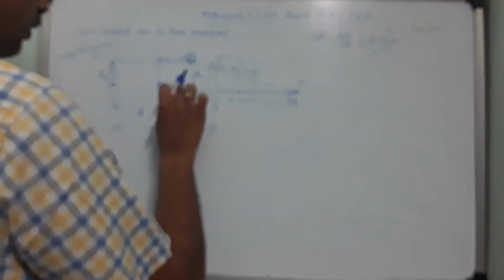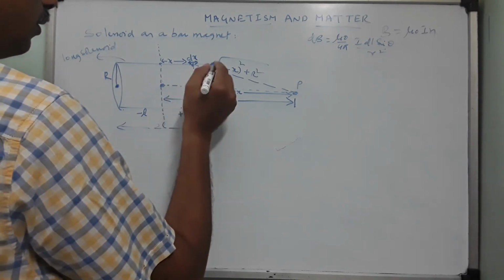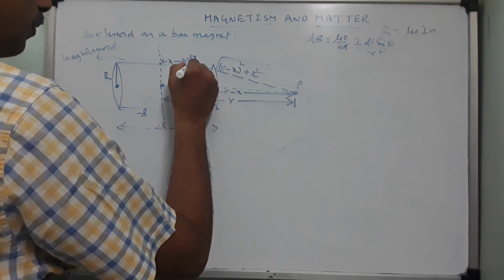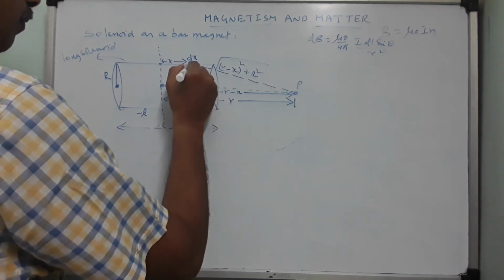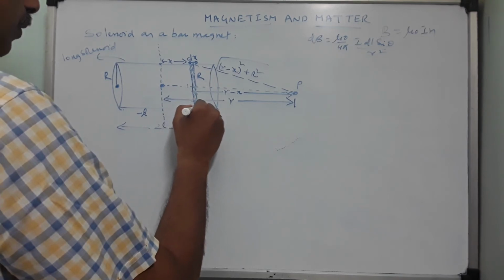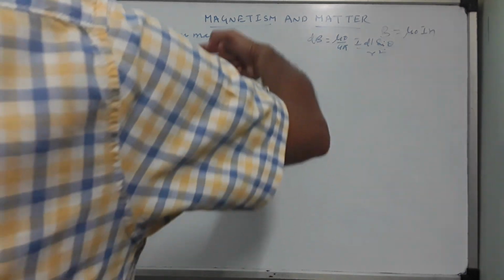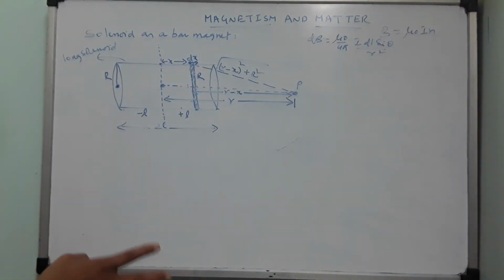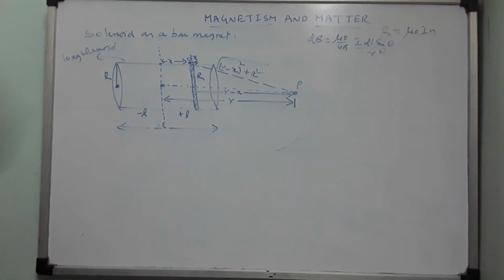Let me draw it like this only. I hope this will be clear now. This is a ring that is going inside and then coming like this. Now it is clear. This distance will be r minus x and this distance is r. So it will be root over r minus x whole square plus r square. Okay? Alright.